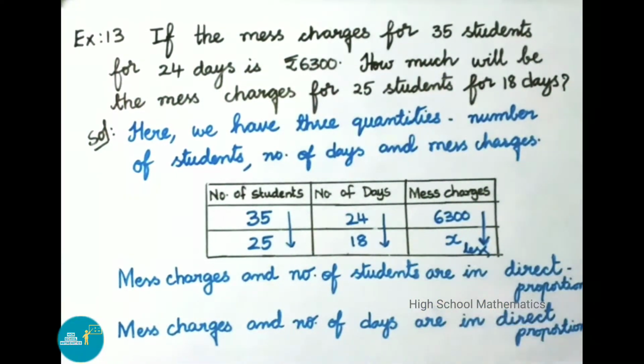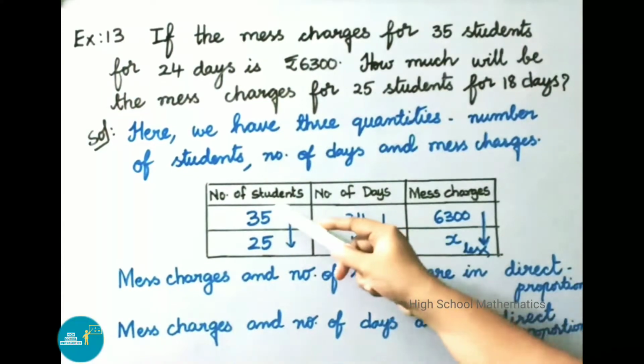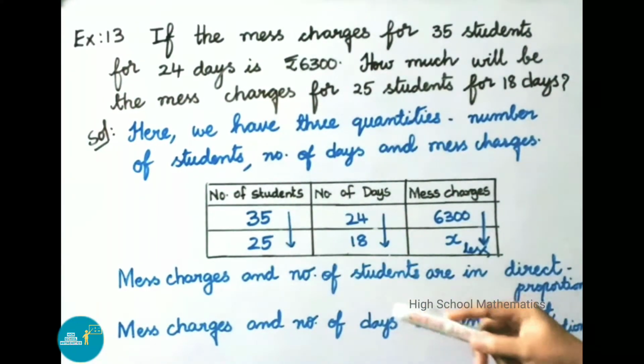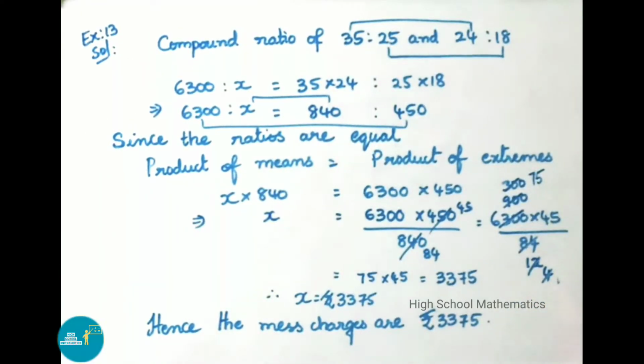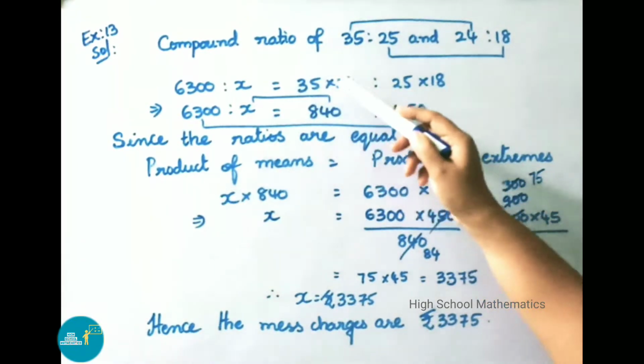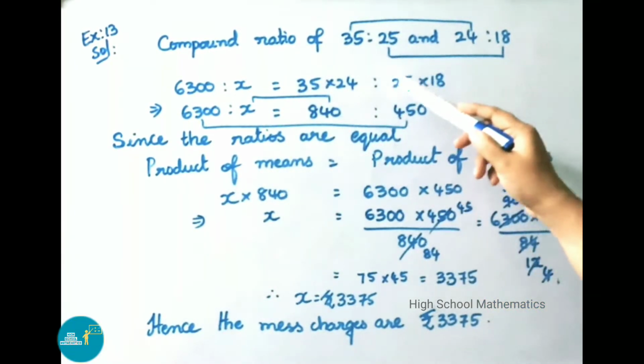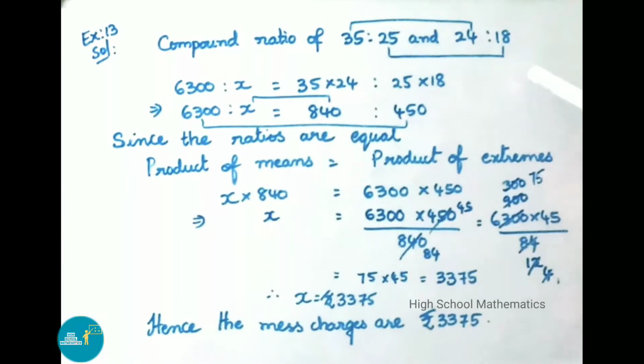Based on the arrows, we take the ratios as 35 is to 25 and 24 is to 18.